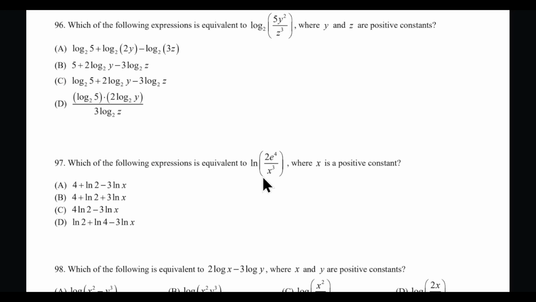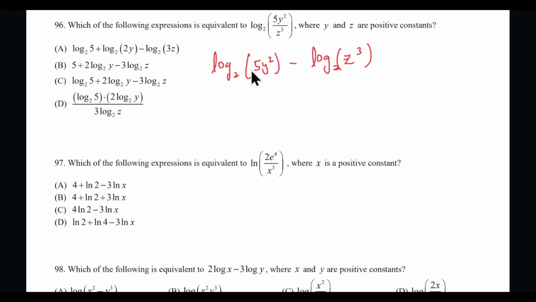Okay, simplification of logs. This is mostly about the properties of logs, guys. I hope you have memorized those. If you haven't, it would be a good idea to revise them. For example, over here, I'm going to use the property of log of A over B, which is log A as a numerator minus log B as in denominator.